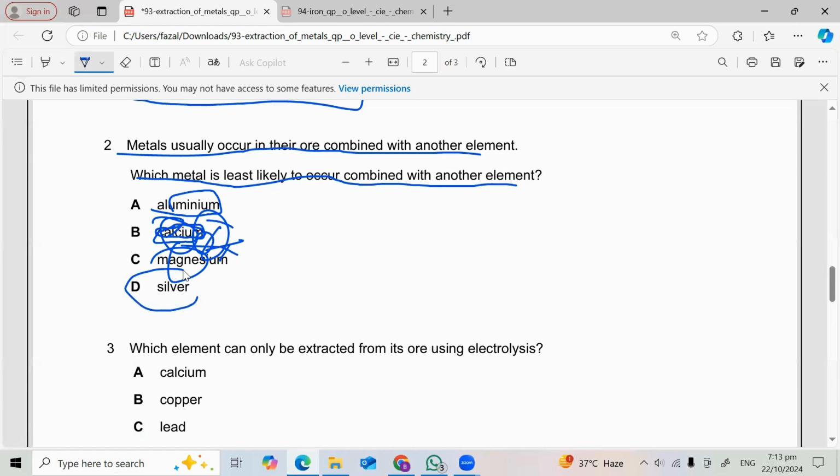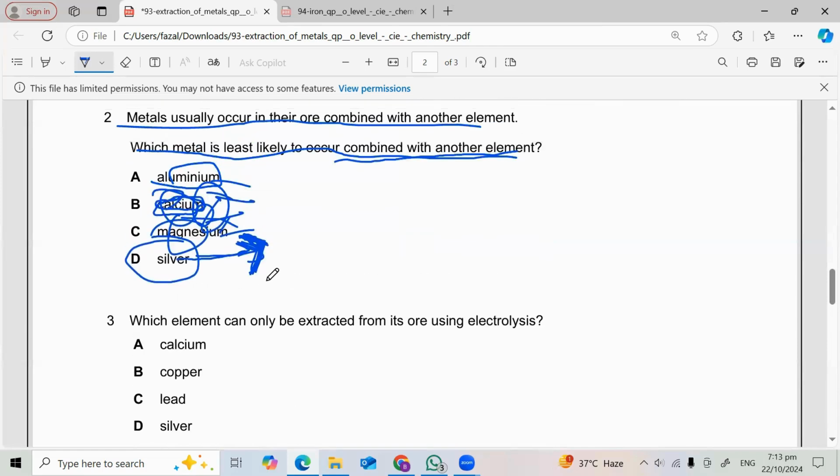But silver is the least likely to combine with another element, because calcium also combines easily, magnesium also combines easily, and aluminium also combines easily. But silver, because it's least reactive, doesn't combine easily. It isn't usually seen in an ore, okay, and hence D is the answer.